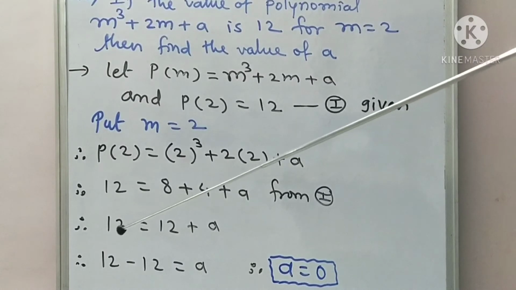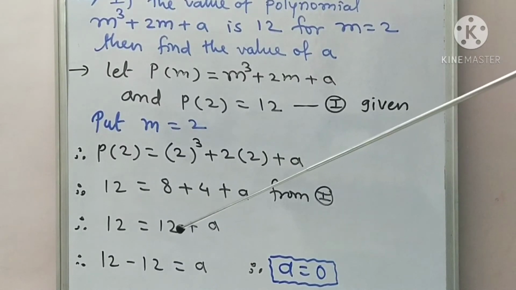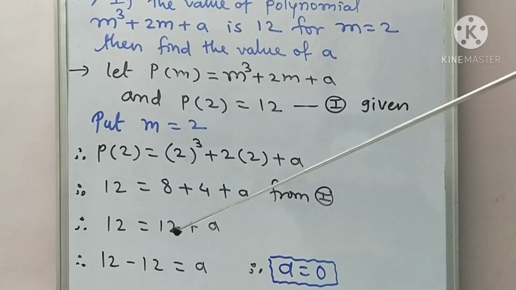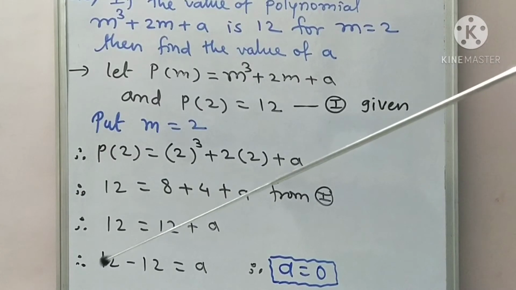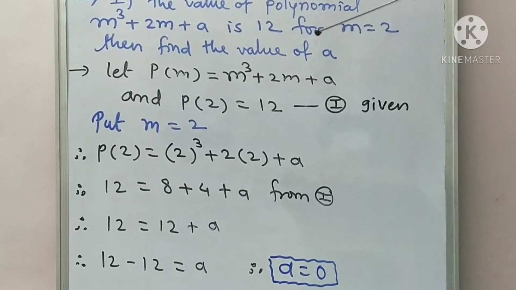So 12 equals 8 plus 4 is 12, plus a, and hence the value of a is, taking the constant 12 to the left side, 12 minus 12, and therefore the value of a is 0. So like this, a 2 marks example is asked in the exam.